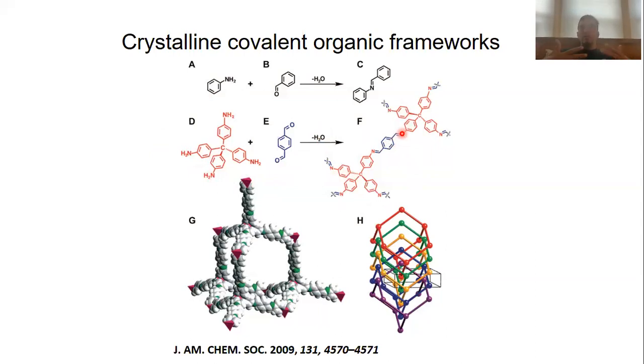Okay, so ordinary moisture in the air cannot hydrolyze these imine links easily. You would need more drastic hydrothermal conditions in order to drive the chemical equilibrium to the left side. So in this case, naturally the chemical equilibrium lies more on the right side, therefore the higher hydrothermal stability.